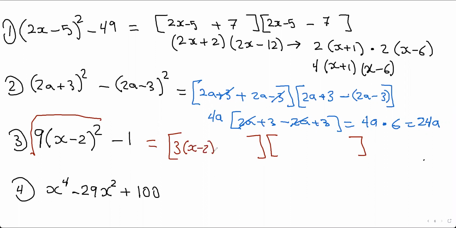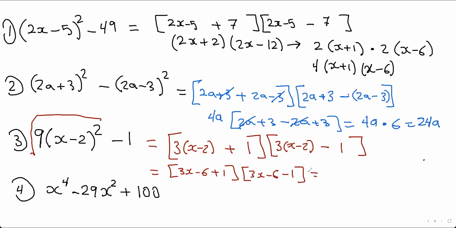You put that at the beginning of this bracket and at the beginning of the other bracket. Now 1 is plus, 1 is minus, the square root of 1 is 1, so you put 1 here, 1 there. This will give me 3x minus 6 plus 1. And this will give me 3x minus 6 minus 1. And I end up with 3x minus 5 in one bracket, and 3x minus 7 in the second bracket.